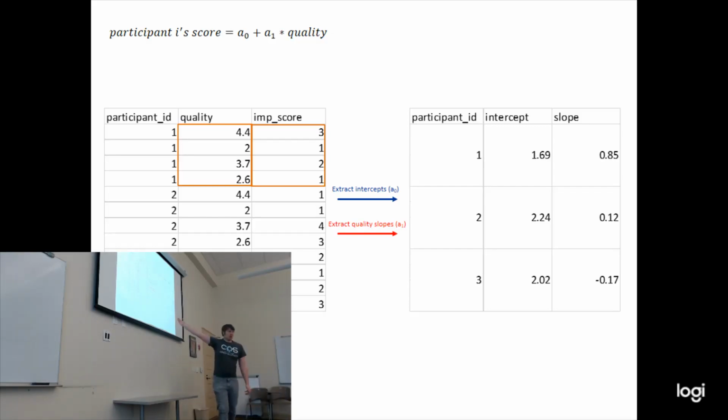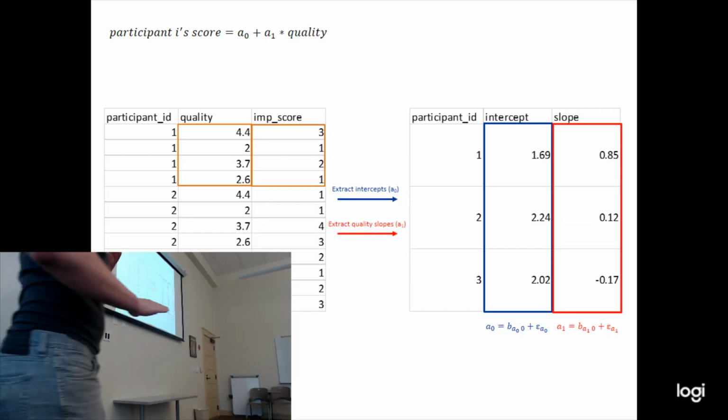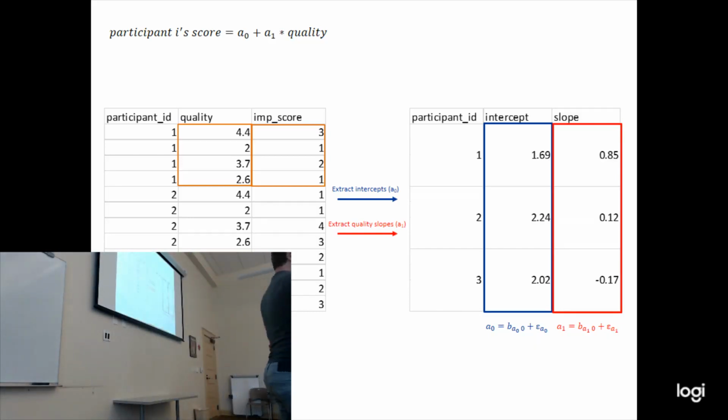So here's what that looks like if we go through that process. That gives us a new derived data set that we can work with. That derived data set has a bunch of intercepts and slopes. And then we can go through the second stage where we fit another model on the intercepts and slopes.